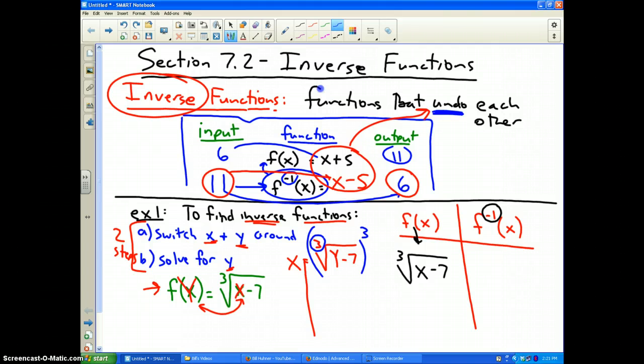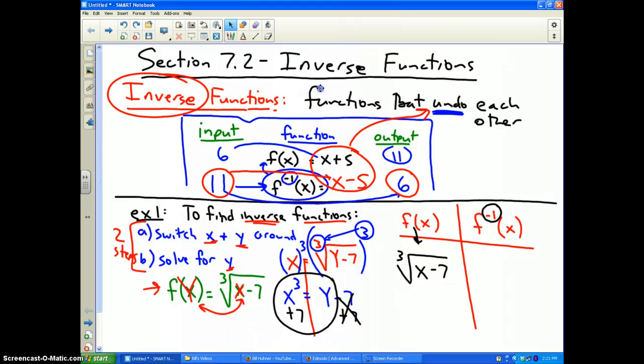So I'm going to cube both sides. So now I get x cubed equals, and this cube and cube root will cancel out, so I have just y minus 7. And finally, I'm going to add 7 to both sides, and those cancel out, and I get what's in my circle. y equals x cubed plus 7. And that would be my inverse function.